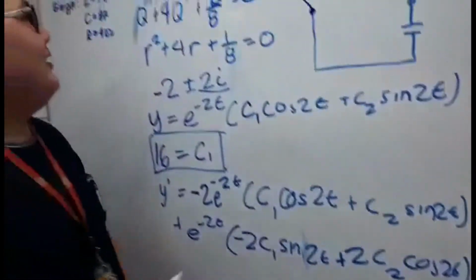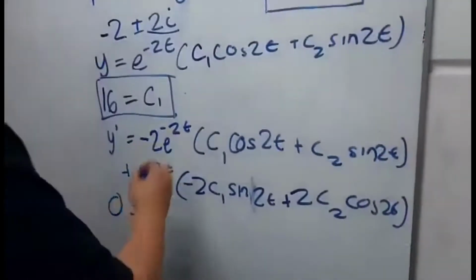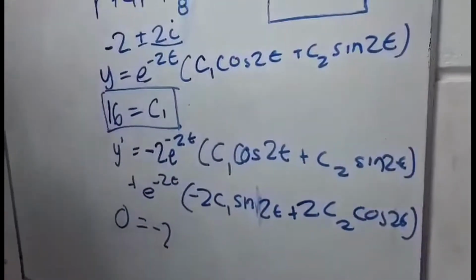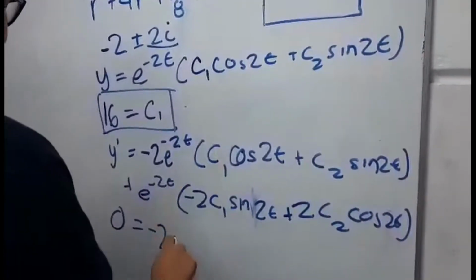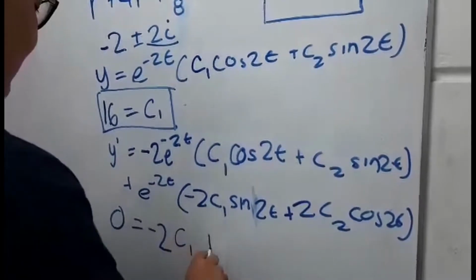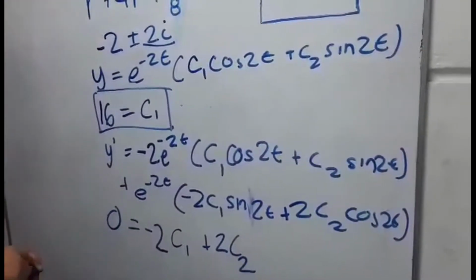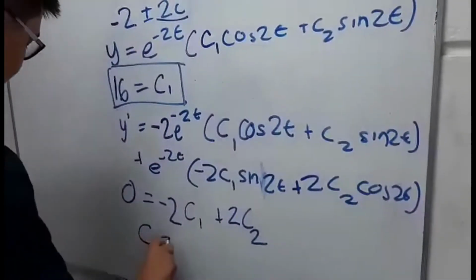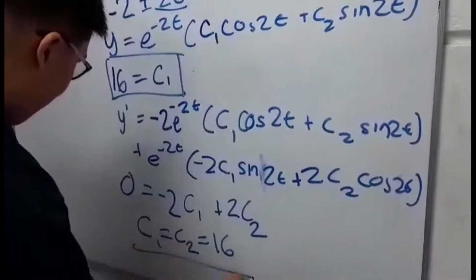Then we equate this to 0. 0 is equal to negative 2 C1 plus 2 C2. So from this equation, it can be found that C1 is equal to C2, which is equal to 16.